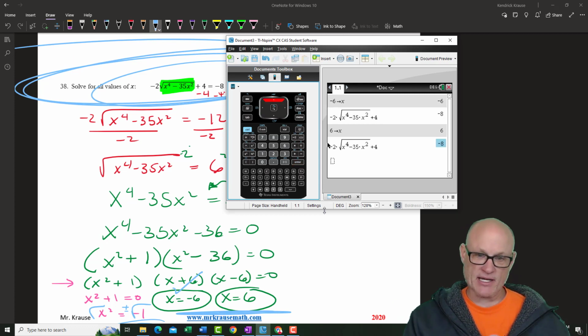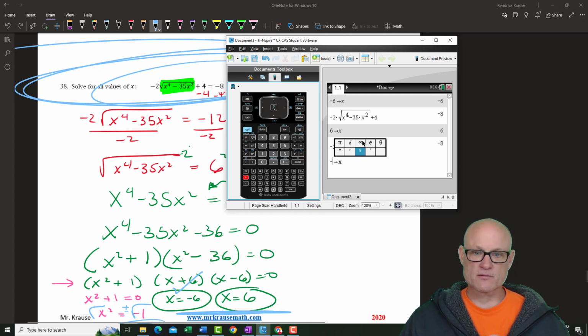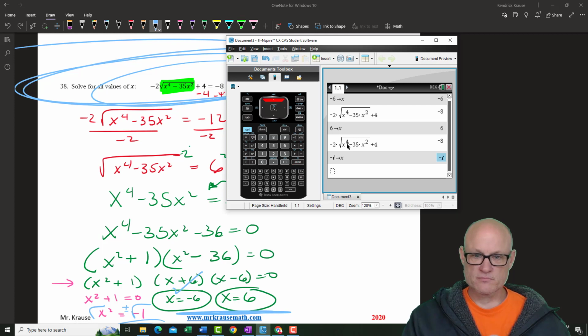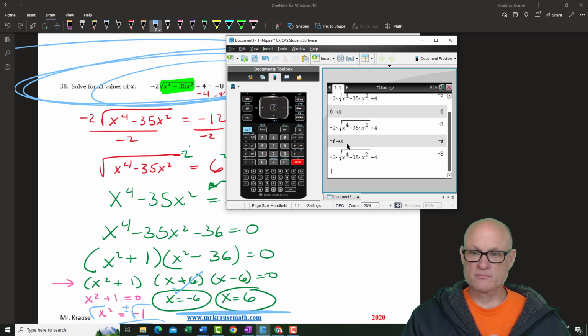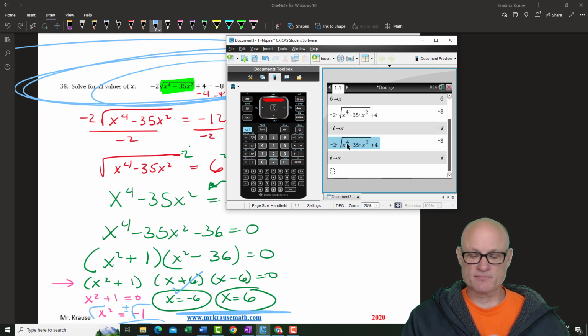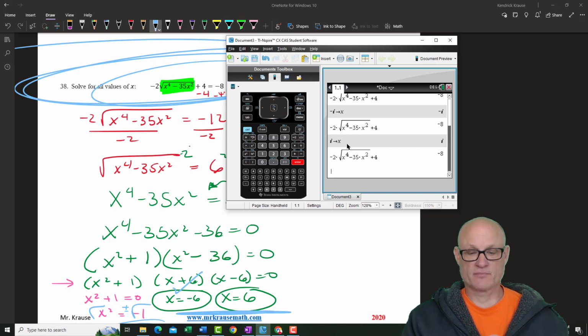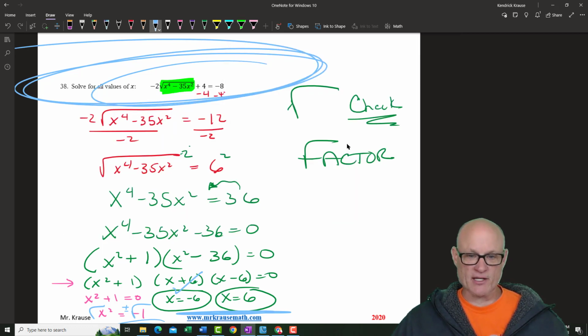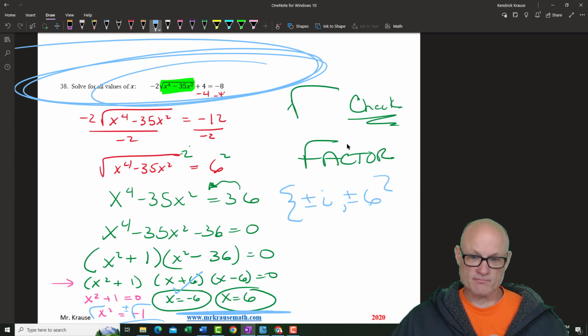Now I'm going to try negative i. Negative 8. Looks like maybe all four of them are going to work. This isn't always the case. Now I'm going to check positive i. They all work. So my answer is plus and minus i, plus and minus 6.